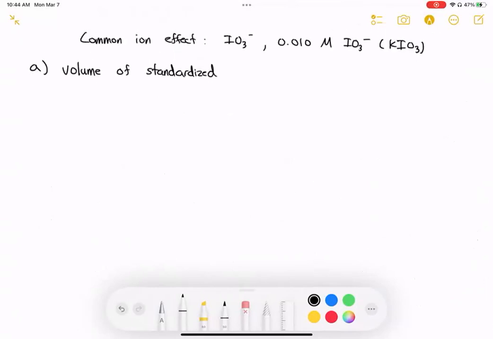The volume of standardized sodium... So there's actually a typo in here. It's sodium thiosulfate, not sodium sulfite. Sorry about that typo. Required to reach the endpoint.